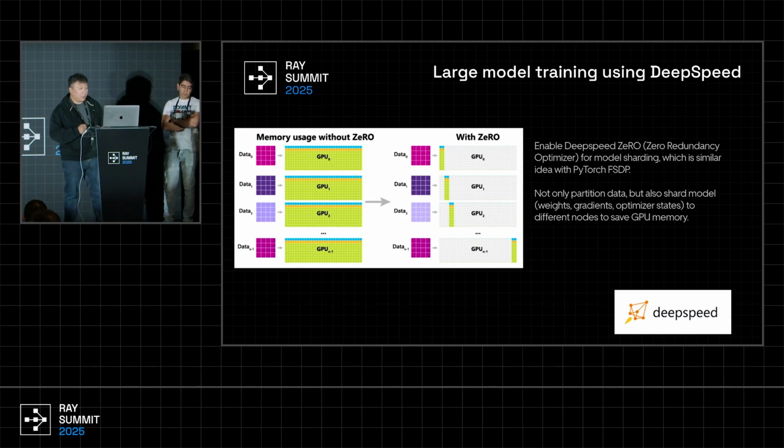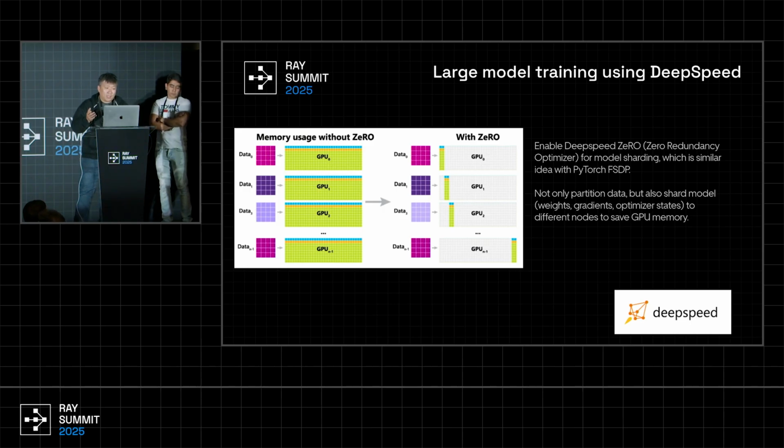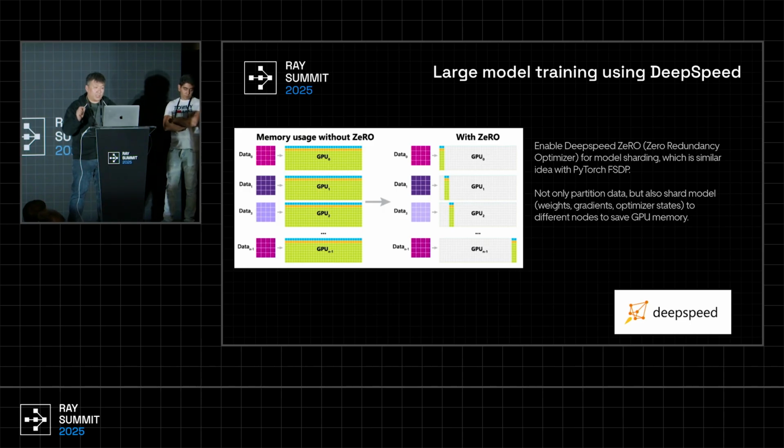For people who do not know what DeepSpeed is, it's called the Zero Redundancy Optimizer. On top of data parallelism, it shards your model parameters, your gradients and the optimizer states, and only puts a part of the model shard on each GPU.